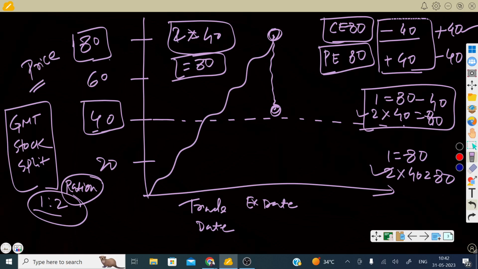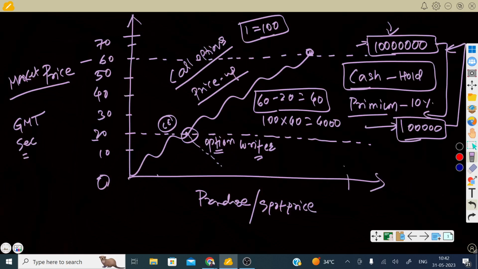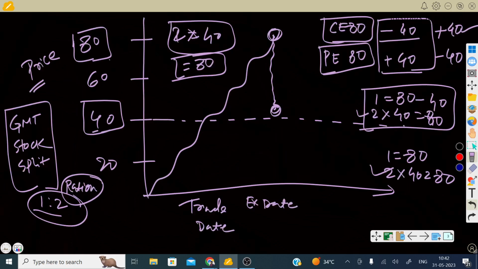And the corporate actions which I told, all corporate actions affect rights, bonus, stock dividends, then buyback or return of capital, let's say redemptions and all. In a redemption, let's assume how this will affect. For example, the company announced a redemption here.